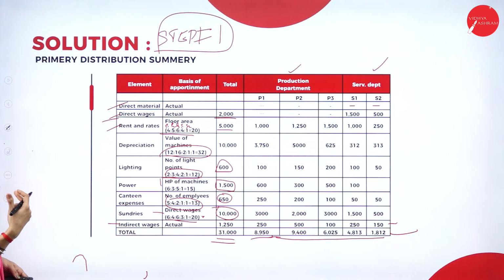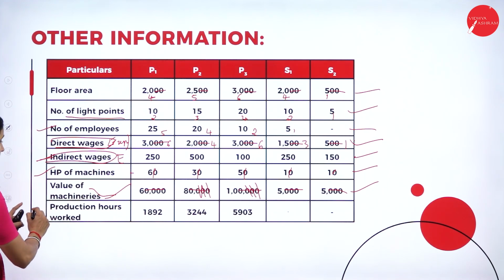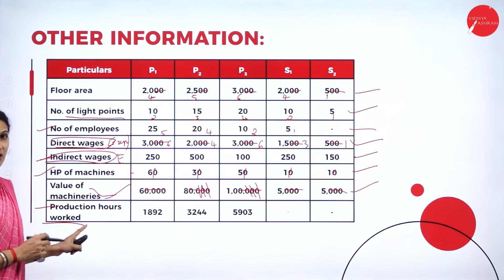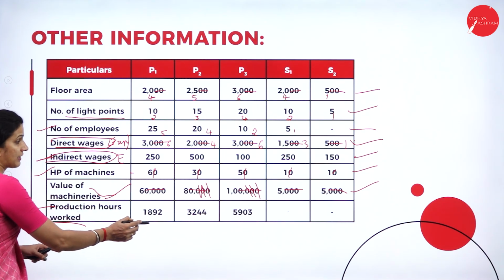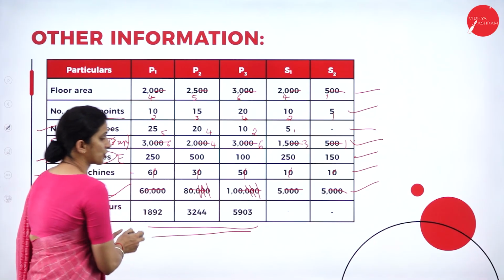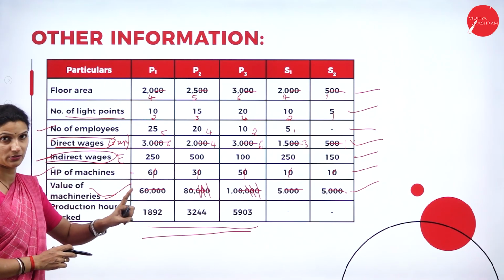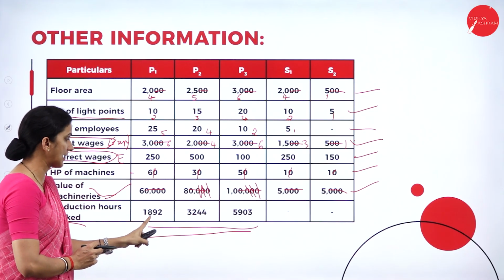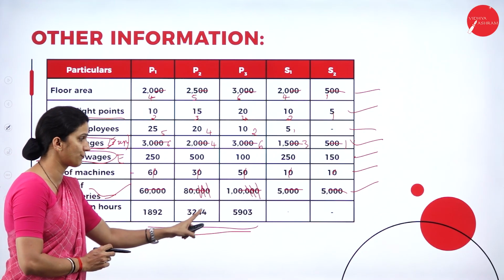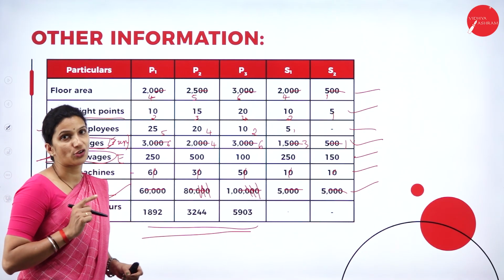For that, in this question, we have the production hours worked or working hours. If working hours are given in the question, we can calculate the absorption rate. Here we have the production working hours of P1, P2, P3. They are 1,892, 3,244 and 5,903.